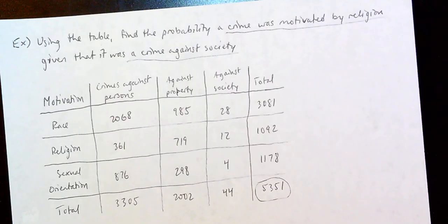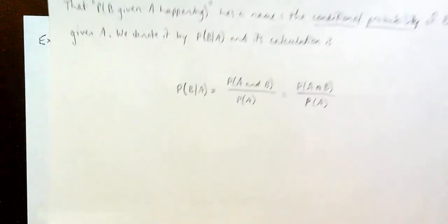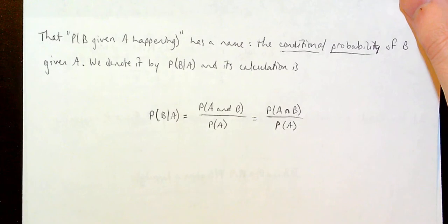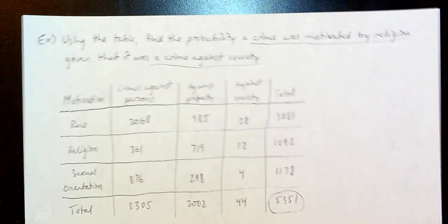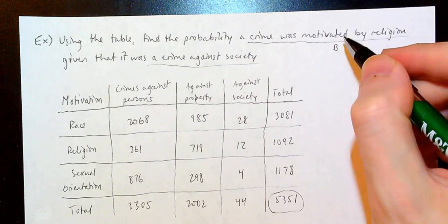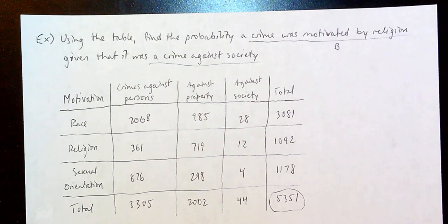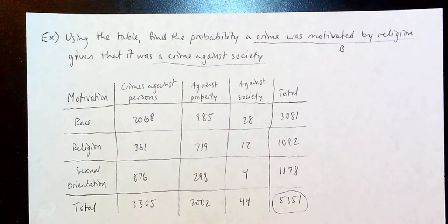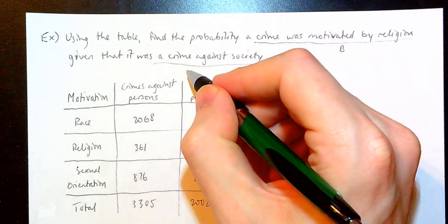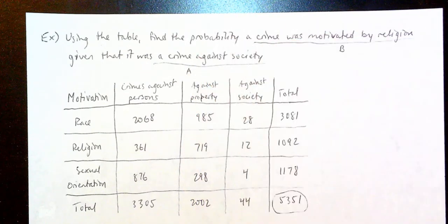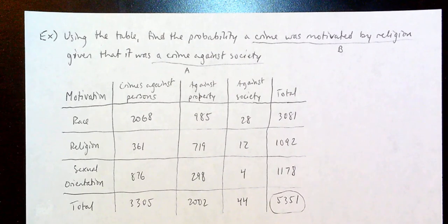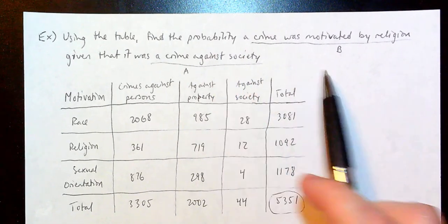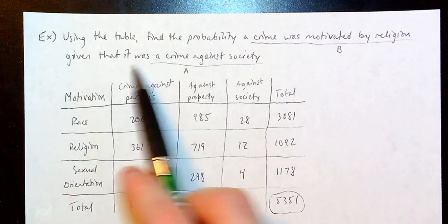If we compare that sentence to P of B given A, we see that the event B is going to be that the crime was motivated by religion, and the fact that the crime was against society is going to be our event A. It's P of B given A.